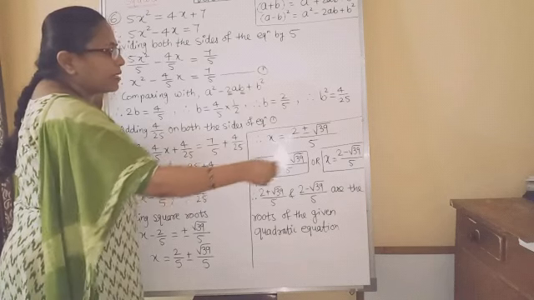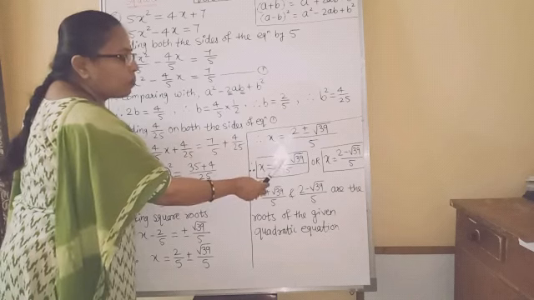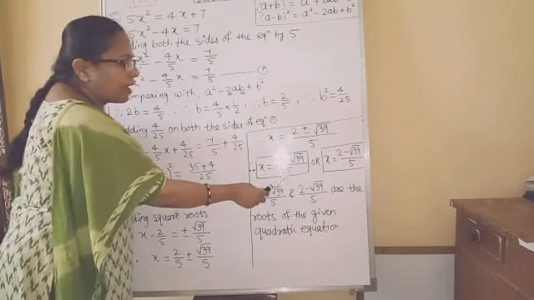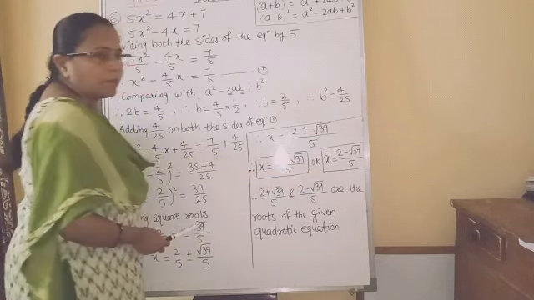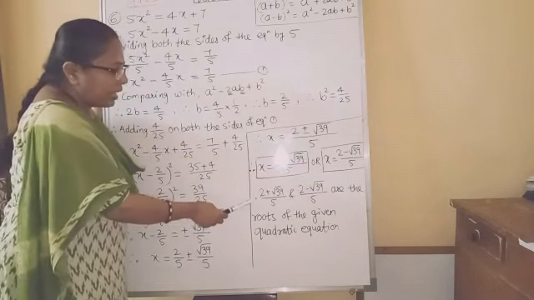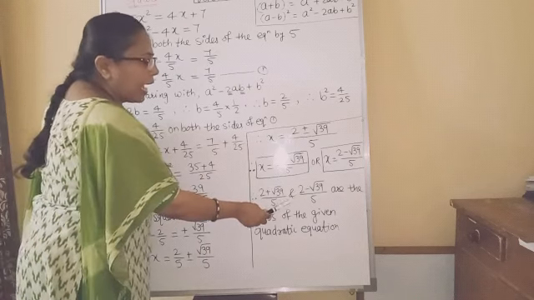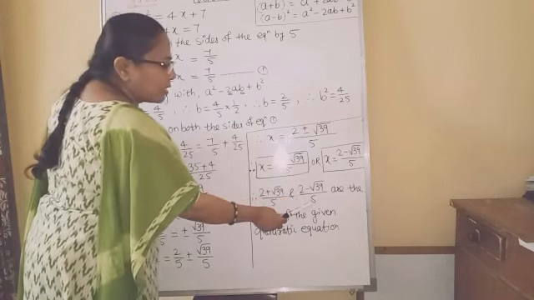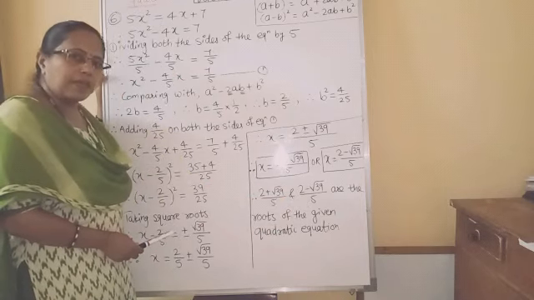So we will separate the addition and subtraction. X equal to 2 plus root 39 upon 5 or x equal to 2 minus root 39 upon 5. Therefore, 2 plus root 39 upon 5 and 2 minus root 39 upon 5 are the roots of the quadratic equation.